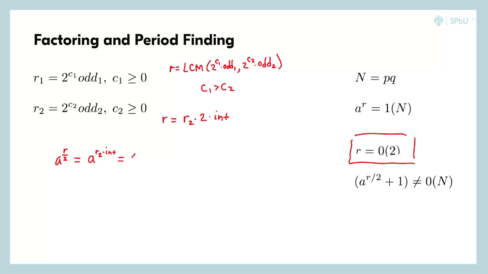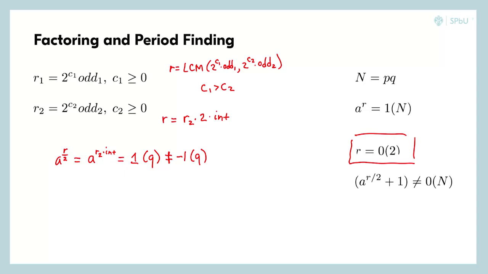And more, if we have a to the power r divided by 2, this is a to the power r2 multiplied by some integer, and it is 1 modulo q, as we remember, which does not equal minus 1 modulo q if q is bigger than 2.